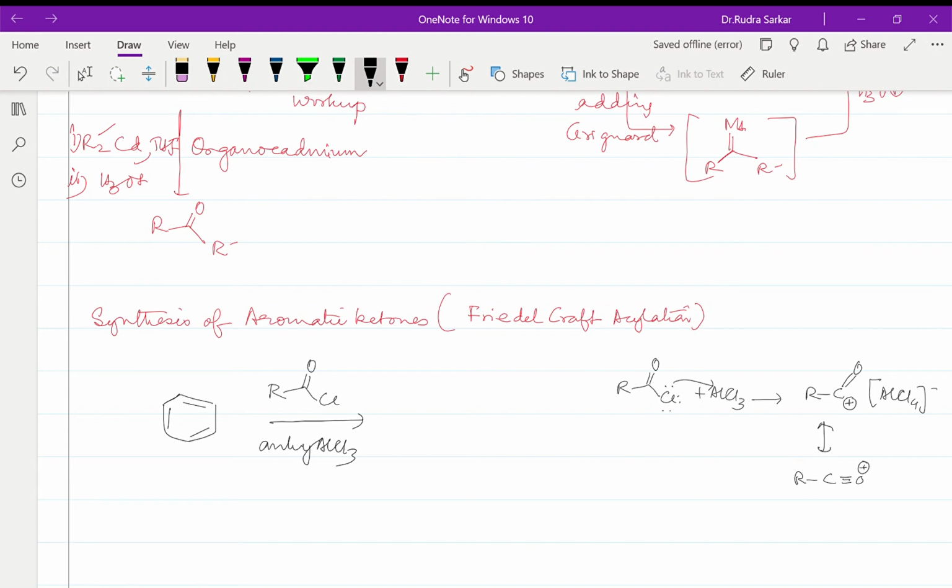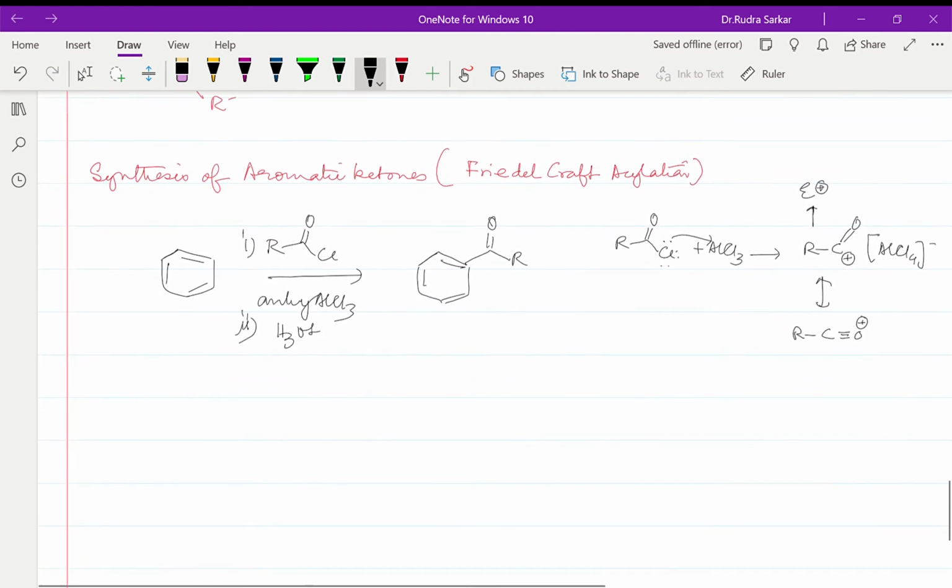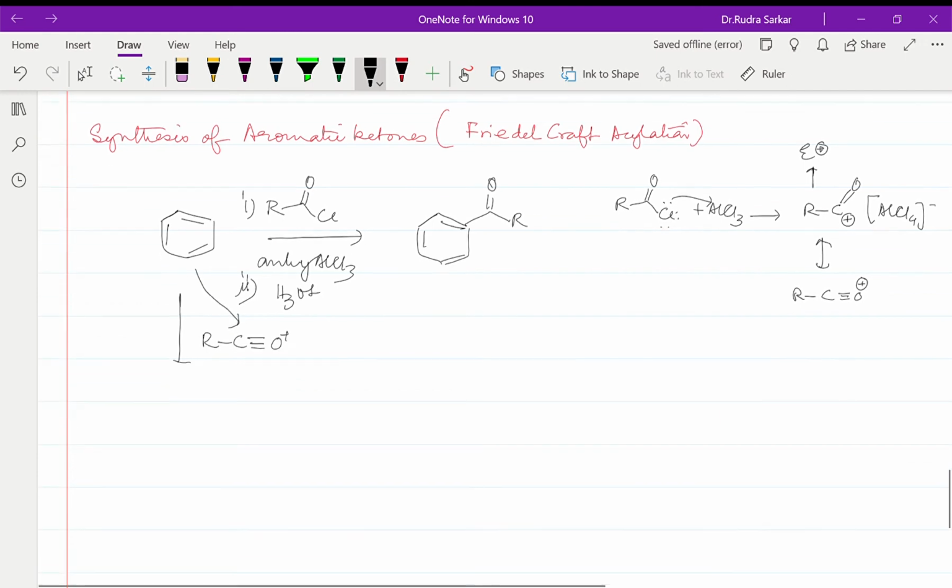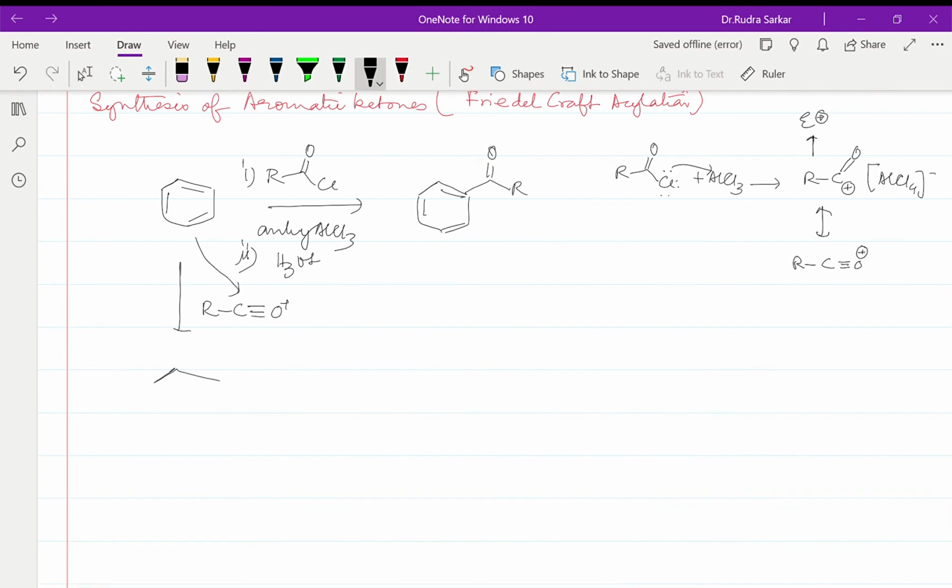Okay, this is our electrophile, and so out here after the acidic workup the desired aromatic ketone is formed. So basically the RCO undergoes aromatic electrophilic substitution reaction.